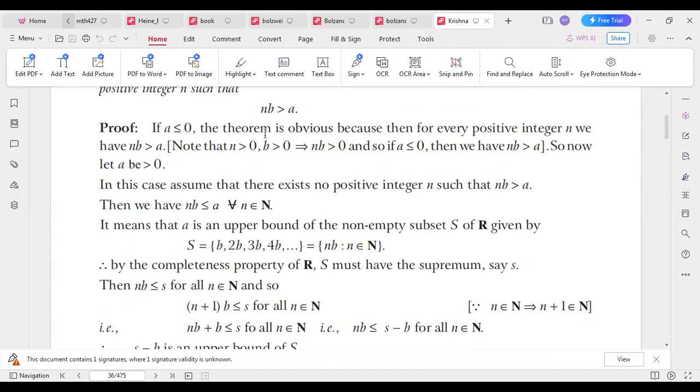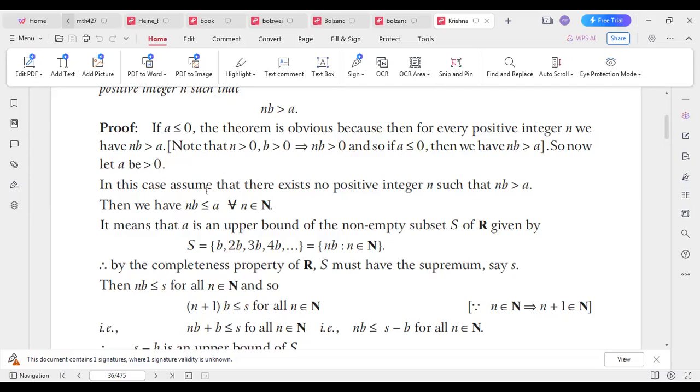If a is equal to 0, the theorem is obvious, because then for every positive integer n, we have nb greater than a. Note that n greater than 0, b greater than 0 implies nb greater than 0. So if a is negative, then we also have nb greater than a. Now let a be positive.